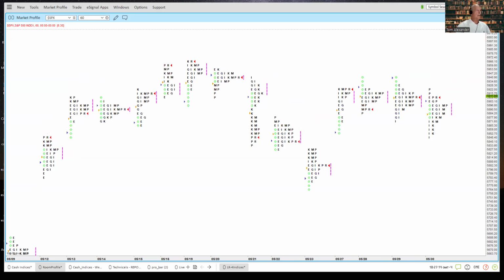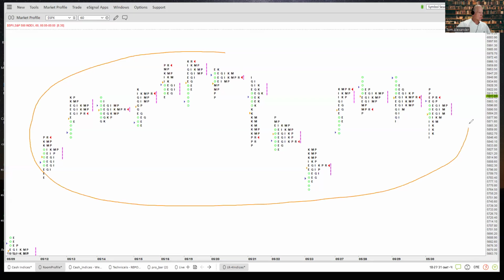Now, if you notice, and I'm going to go up here and see if I can grab a tool. Here we go, a drawing tool. This is all one auction. This entire area here is one auction. So you have this overlap that's been going on now for almost 3 weeks.